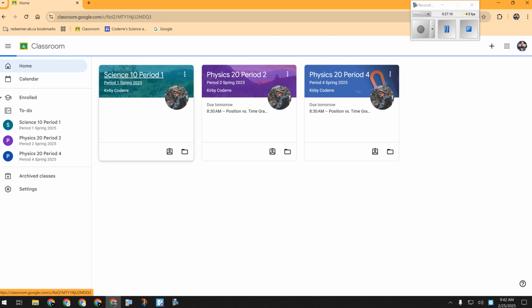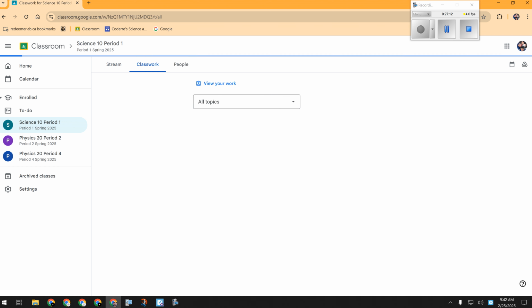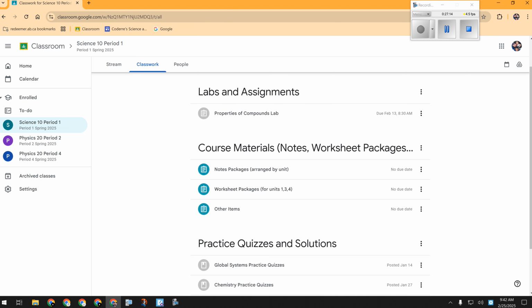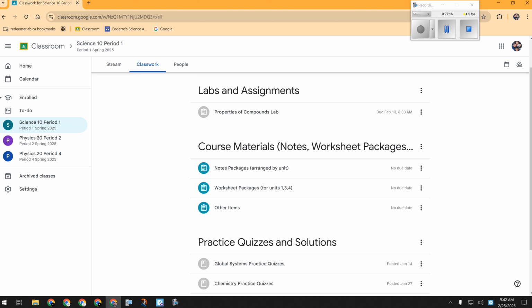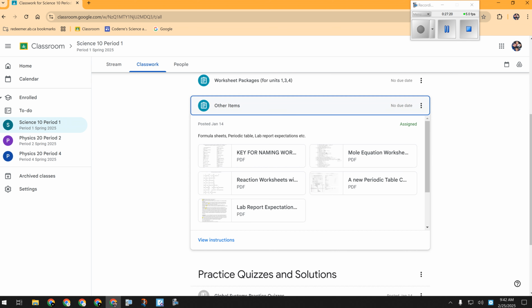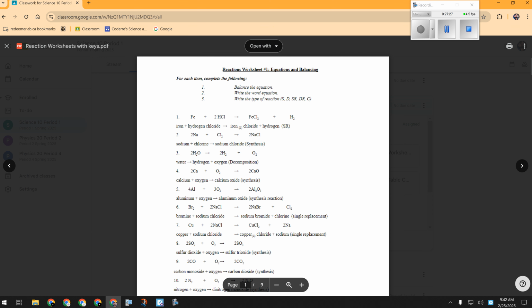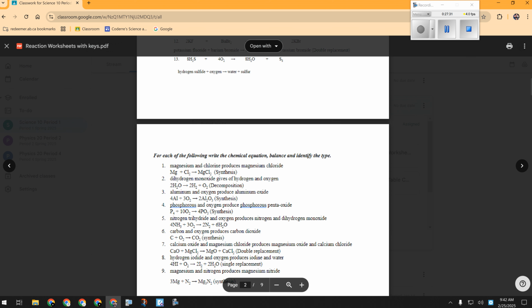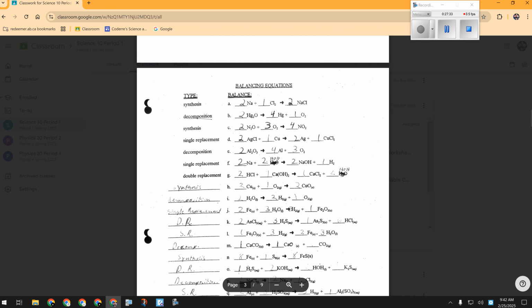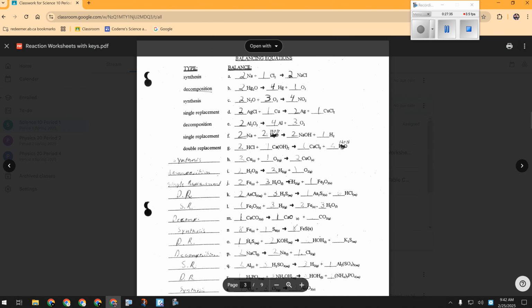If you go into the classwork tab there, and go into other items under course materials, you'll see reaction worksheets with keys. Every reaction worksheet that we have done is there as a key. So the one you're working on right now is right there. So you can check it as you go.